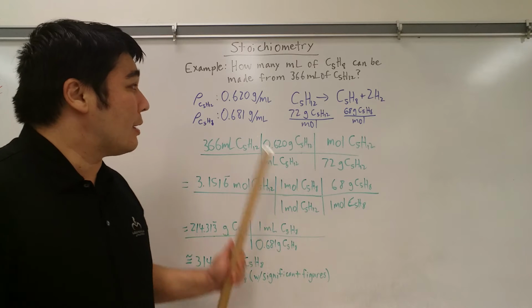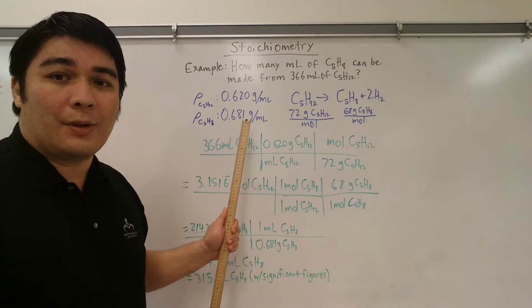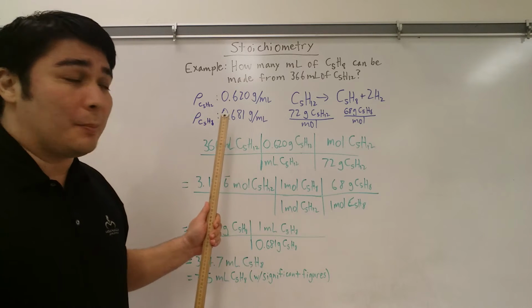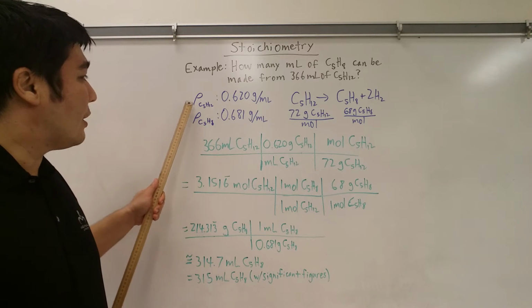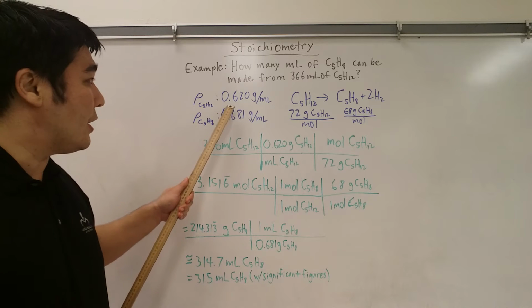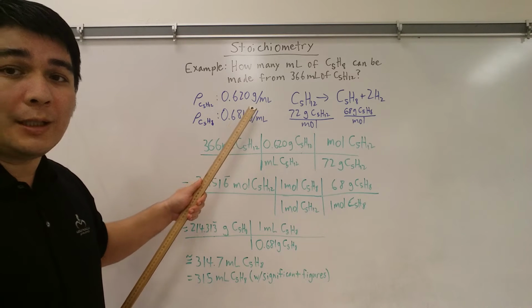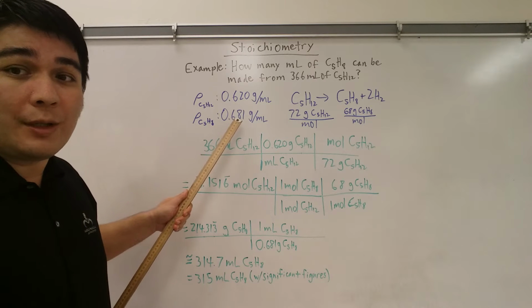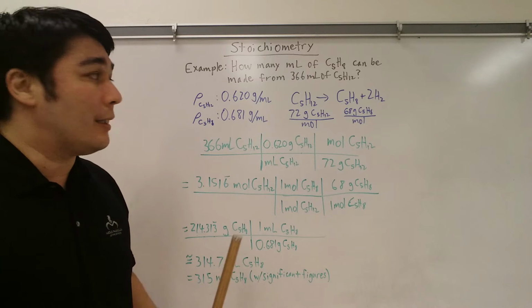And of course, there is some given information that I gave at the top as the prompt of the question. There's the density of C5H12, which is 0.62 grams per milliliter. The density of C5H8, which is 0.681 grams per milliliter.